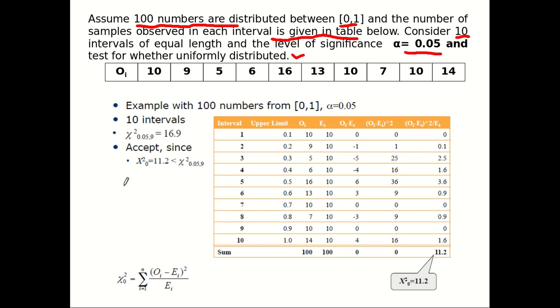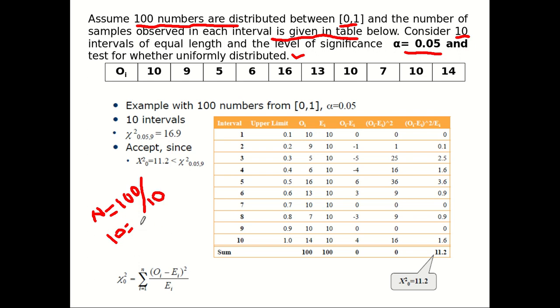Here the total size N is 100, the size of the data is 100. How many classes or intervals are they considering here? 10 intervals. So these 100 numbers are divided into 10 intervals.